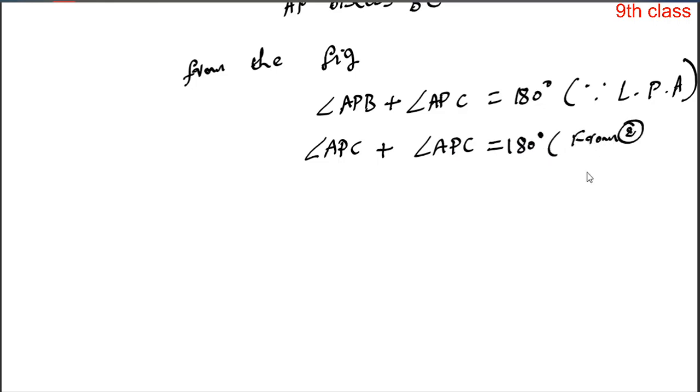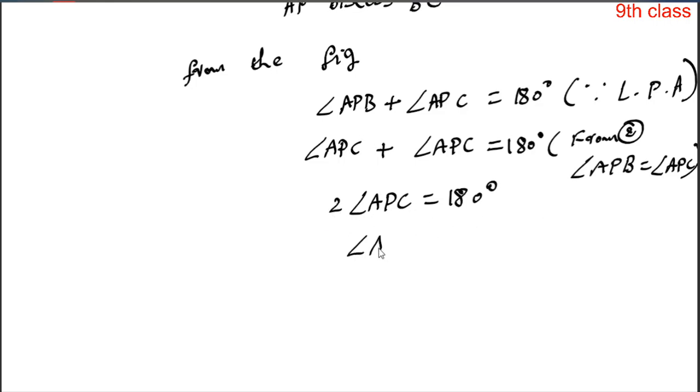So 2 angle APC is equal to 180 degrees. Transpose the 2 to the right hand side. So angle APC is equal to 180 degrees by 2. The 2 cancels 180 degrees, 90 times. So angle APC is equal to 90 degrees.